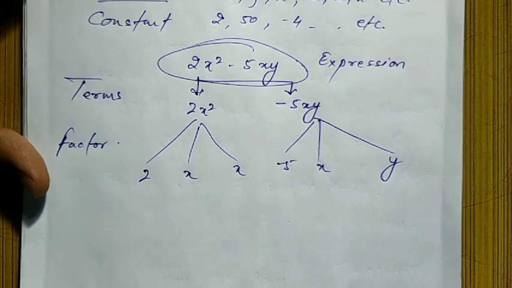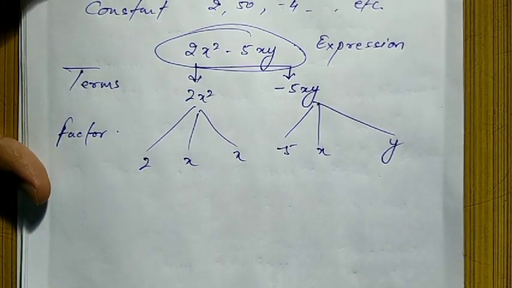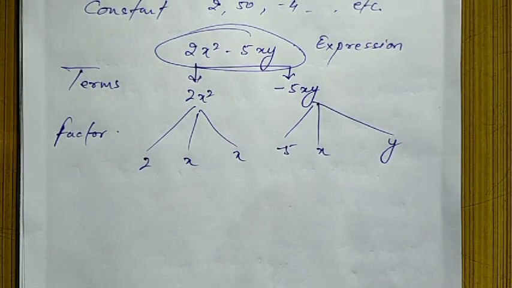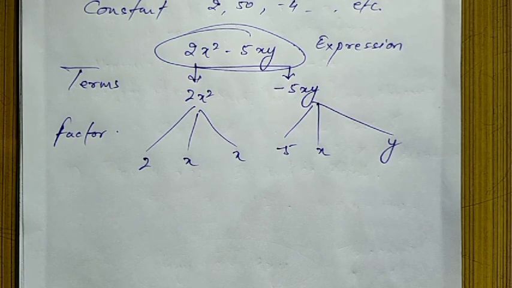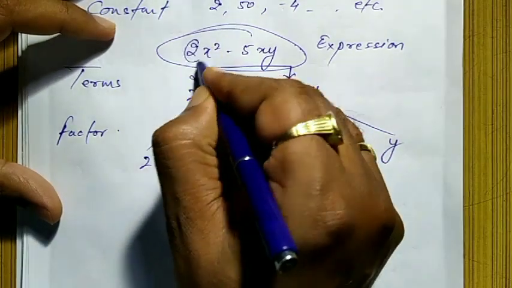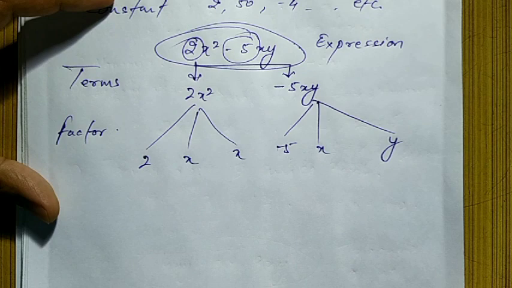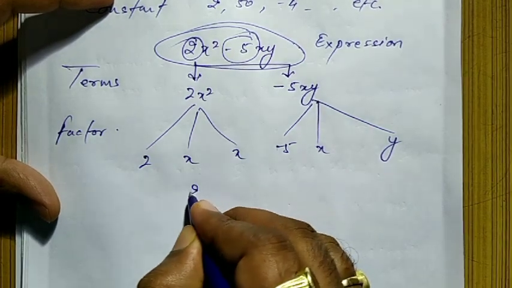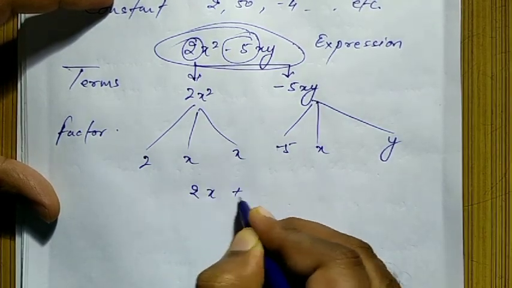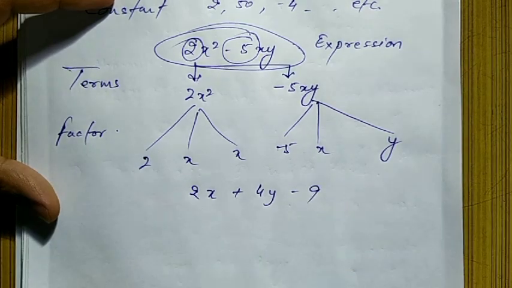After that we saw what? Coefficient. The numerical factor of a term is called the numerical coefficient, or simply the coefficient of the term. Here this is a coefficient and this is a coefficient. Suppose see one example: 2x plus 4y minus 9.